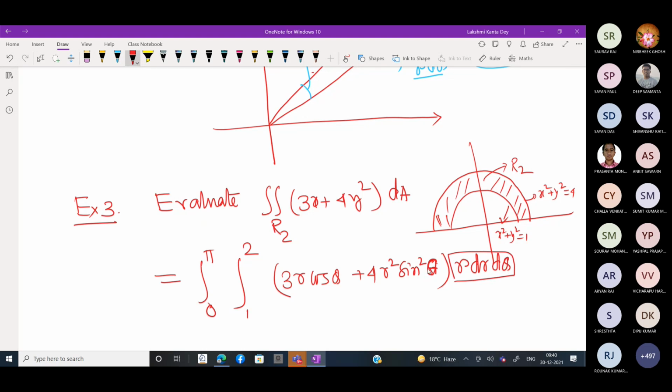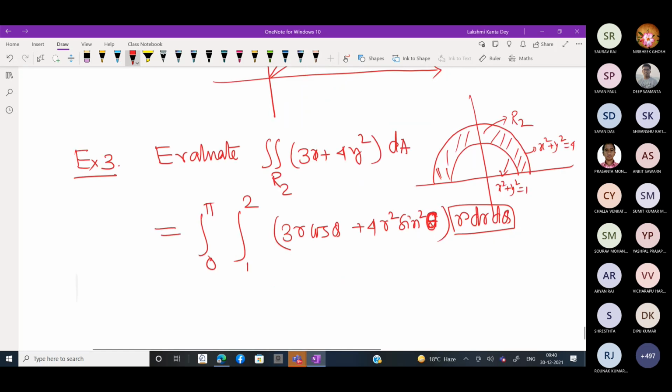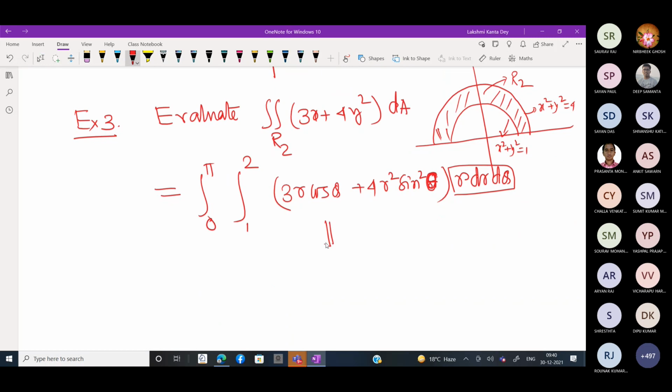So this is basically what we have to do. If we do it on your own, this part is easy. Okay, so the ultimate answer, I have just solved it, it is 15 pi by 2. So please check, because all of you know, so no need to waste time here.